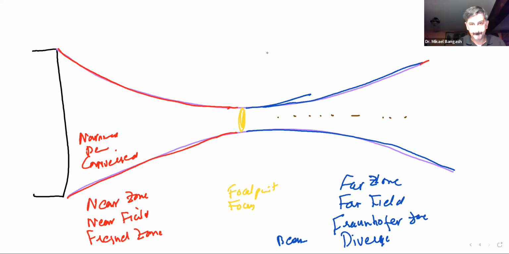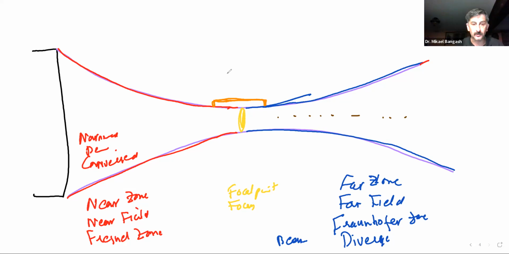Now, around your focal point, or what we call the focus, we actually have a zone.